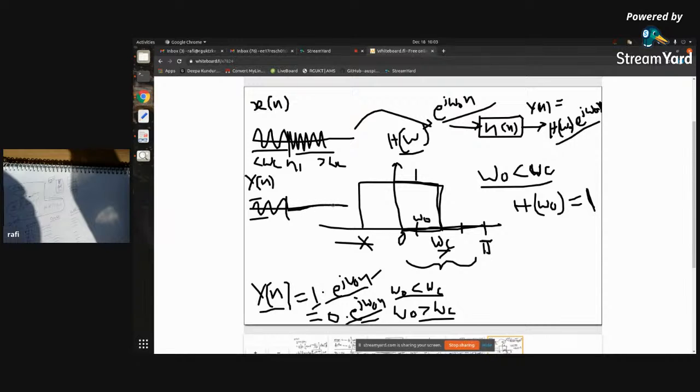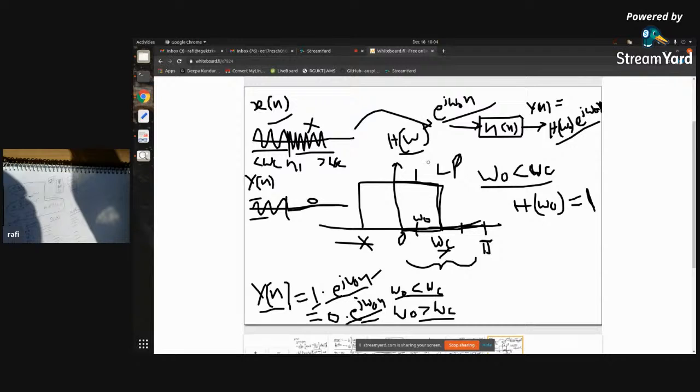After n1, since this frequency is greater than omega c, the output will be 0, because h of omega is 0 after omega c. As I said, this is actually acting as a low pass filter, so it will allow only low frequencies, and high frequencies it won't allow, it will discard.